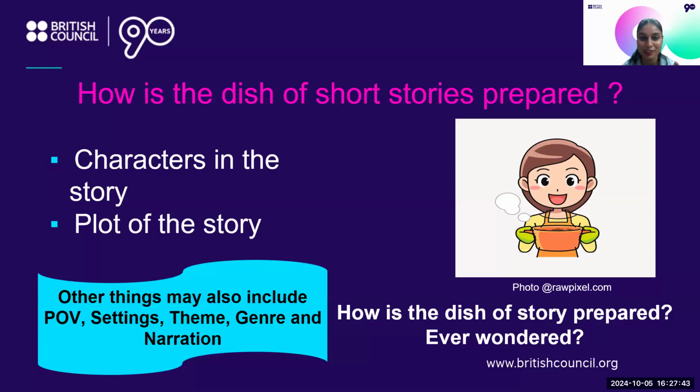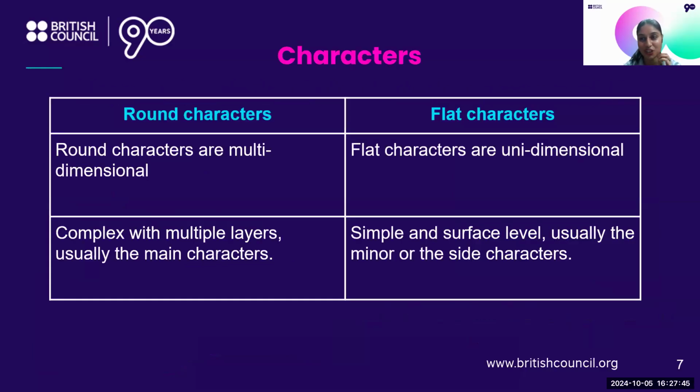So let's quickly move to the characters part. In any short story that we pick up, we are going to look for two types of characters, the round characters and the flat characters. Round, as the name suggests, just like a sphere, are multi-dimensional and usually the main characters, and they have multiple layers, which we unfold while we are reading them.